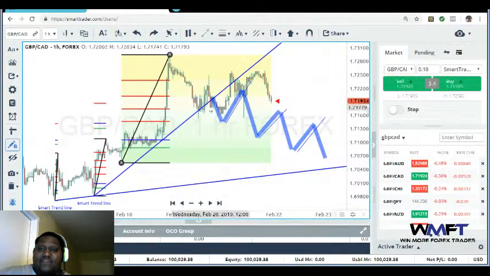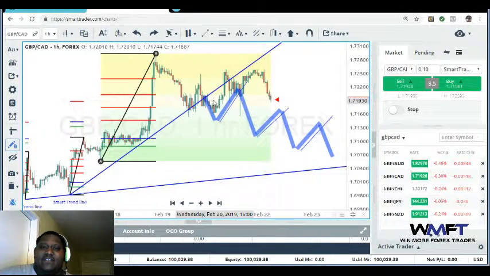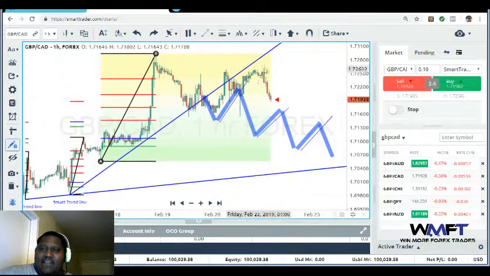And like we said, guys, back on Wednesday, when we did our analysis on this 1 hour time frame, we wanted to wait and see if the market would break the trend line, then come back up to test the backside of the trend line, and we would start selling counter trend line breaks. And if you would have sold there, you would have got your first sell, and now the market has retraced back up.